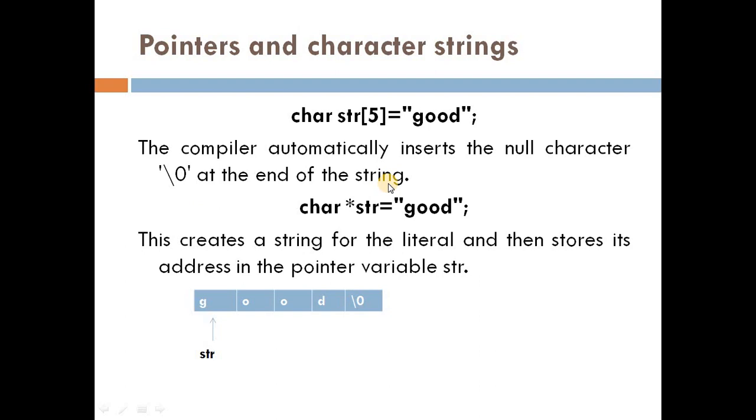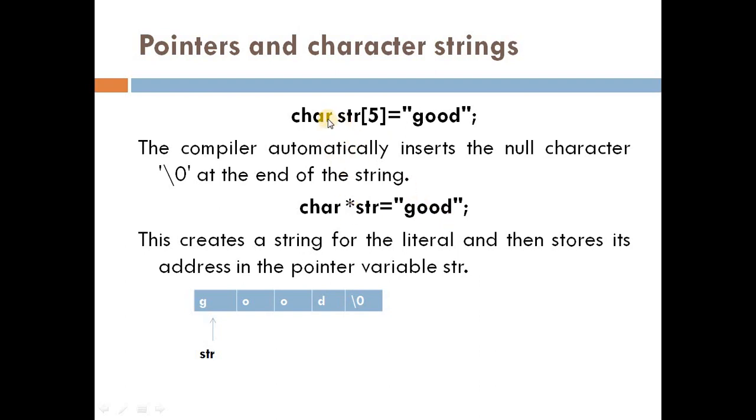C supports an alternative method to create strings using pointer variables of type char. So instead of declaring the character array or string in this way, we can also declare a string in this way. Both the methods are similar. In this case we have given the size, in this case we have not given the size.